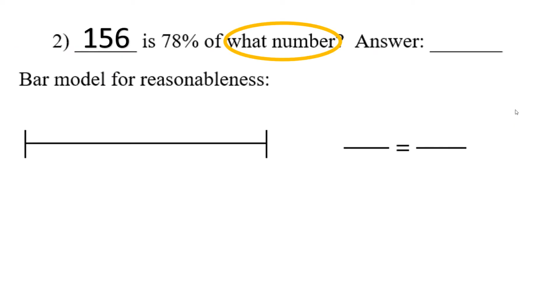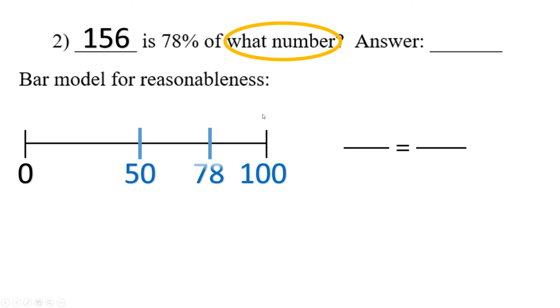Okay, on this one, 156 is 78% of what number? If we set up our bar model for reasonableness, we're going to do 0, 50%, and 100. We're trying to figure out the whole number, so we don't know the value above 100.